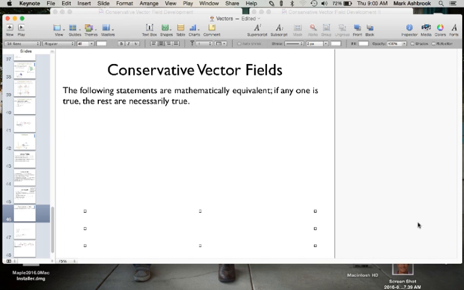So instead of calculating the work along this path, we know it's the same as the work along what path? Straight line. Maybe. There it is.